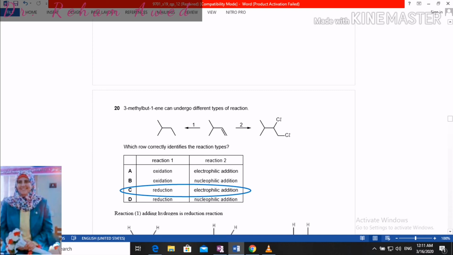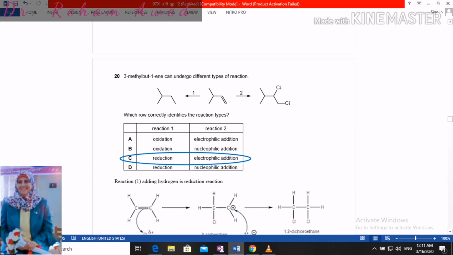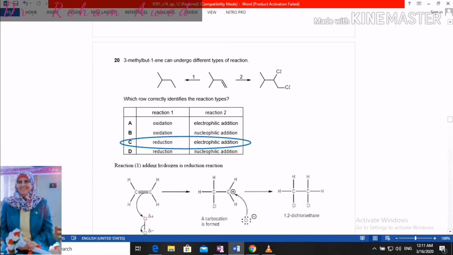Removing hydrogen is oxidation. Second part of the reaction. We have a double bond, it is broken, and we start to add 2 chlorine atoms. As we add 2 chlorine atoms, we are talking about a type of addition reaction.